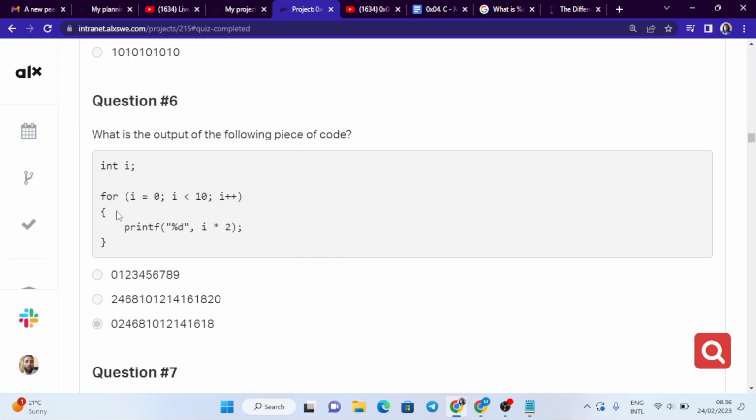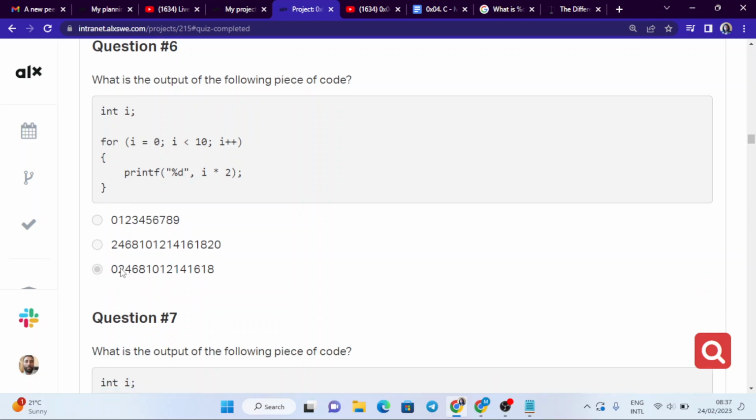Now it is a for statement, so 1 multiplied by 2, which is 0, 0 multiplied by 2 is 0, and plus plus, like this.